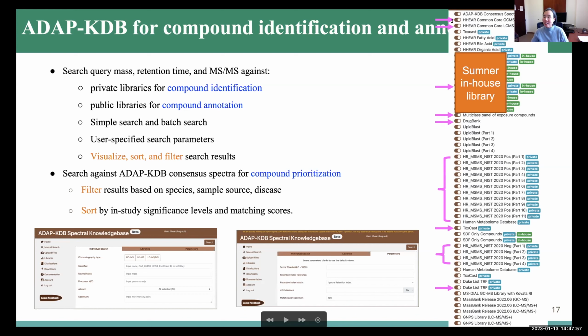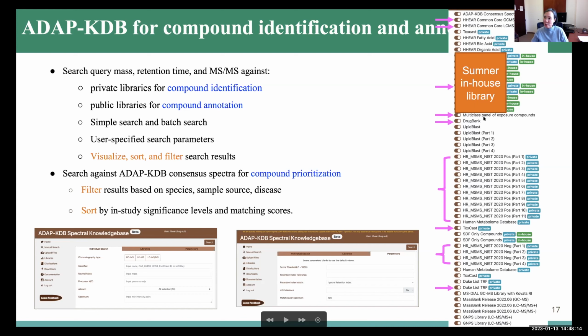So here you can see the environmentally relevant compounds in the HERE Common Core GCMS, HERE Common Core LCMS, and the Sumner in-house library has a big set of environmentally relevant compounds.